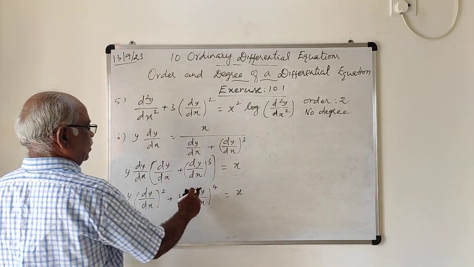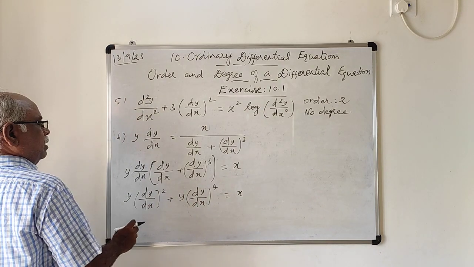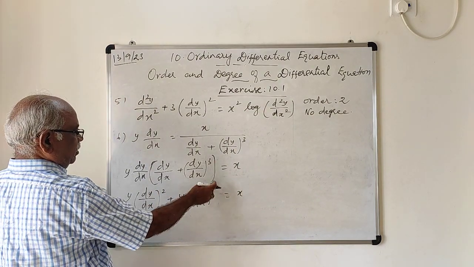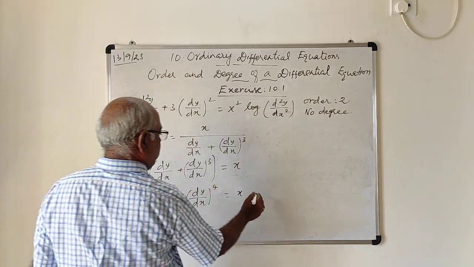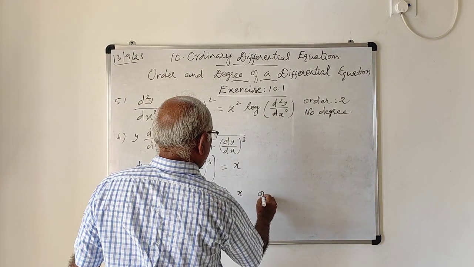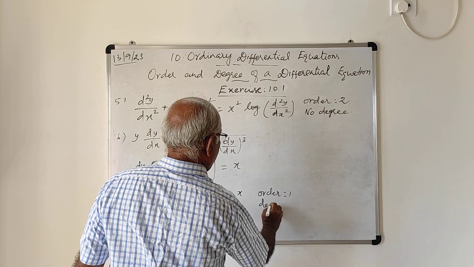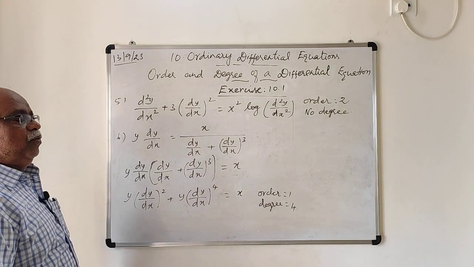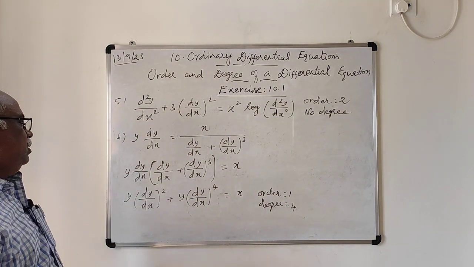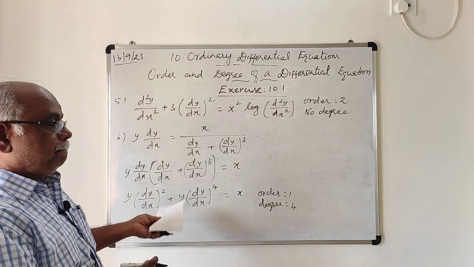In this case, the highest order is 1, but the degree of the highest order derivative is 4. Therefore, order 1, degree 4. This is the order and degree of the problem.